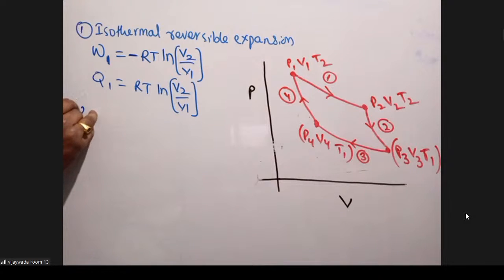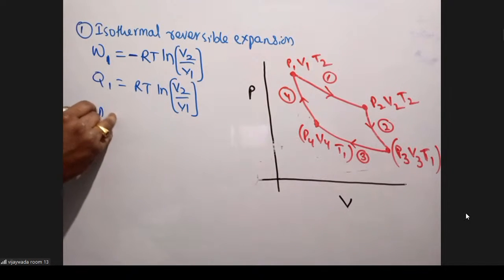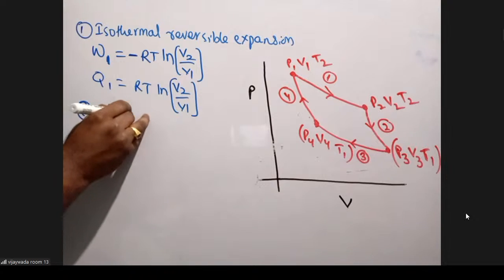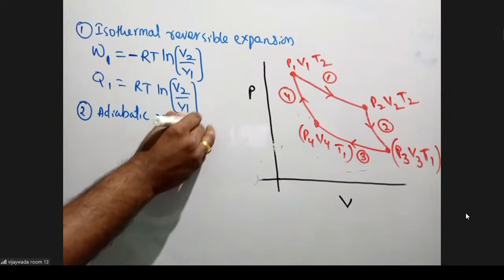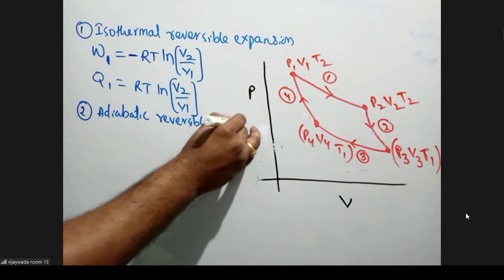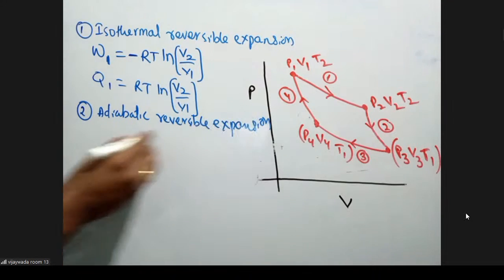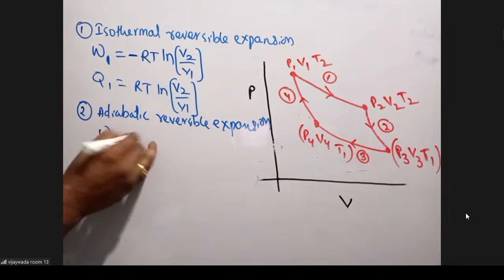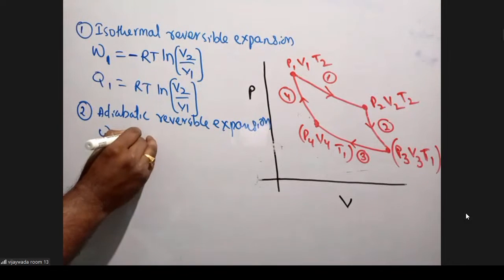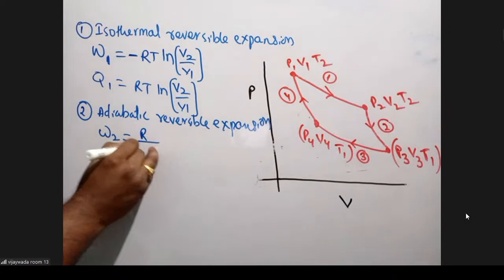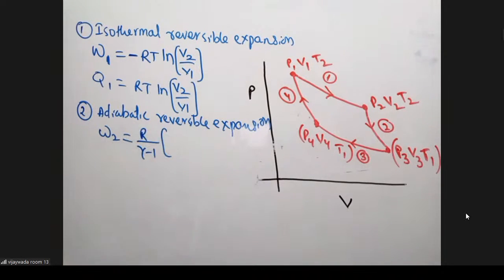Second process is adiabatic reversible expansion of ideal gas. Work done W2 equal to nR by gamma minus 1 into T2 minus T1. So n value 1, R by gamma minus 1 into T2 minus T1.